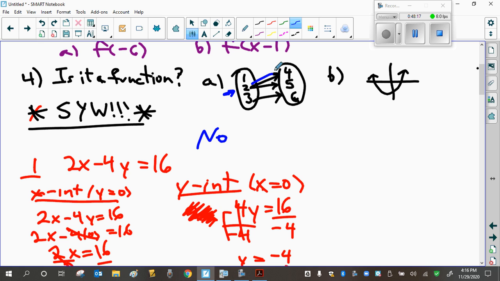This x has 2 y's, 4 and 5, so that's not a function. Each x has to have only one y. This one is the vertical line test, so can I draw a vertical line where it hits the graph only once? And that means yes, it is a function. If I hit the graph twice, then no, it is not a function. And this one, vertical line test, says yes, it is a function. Ta-da!